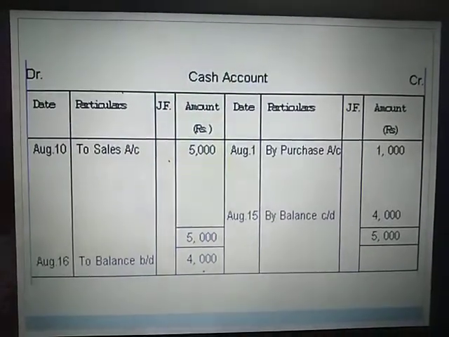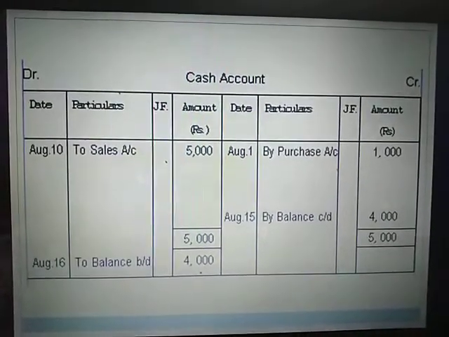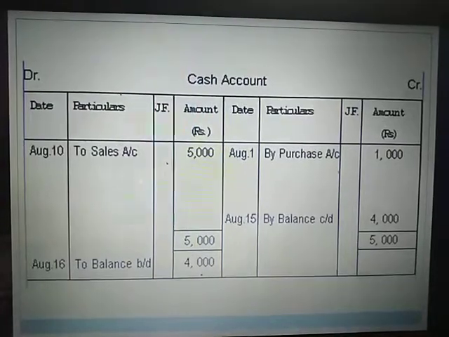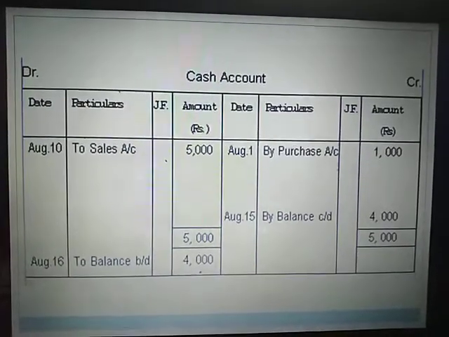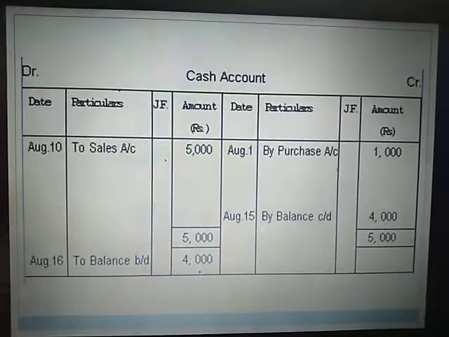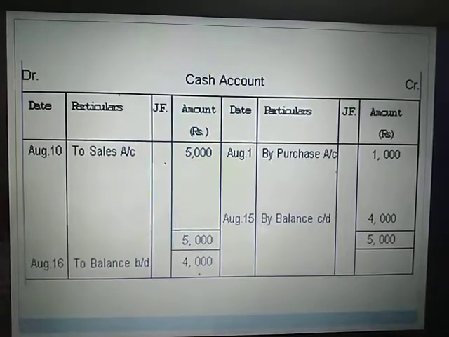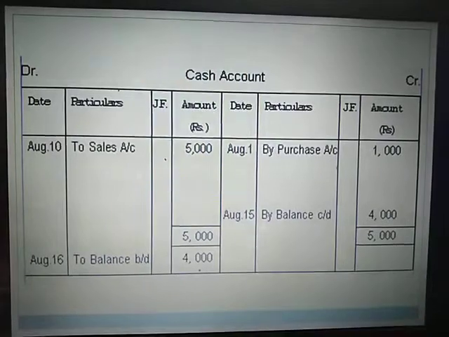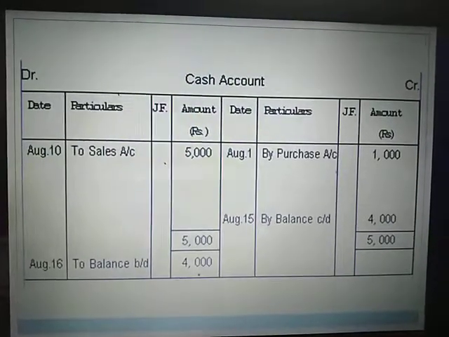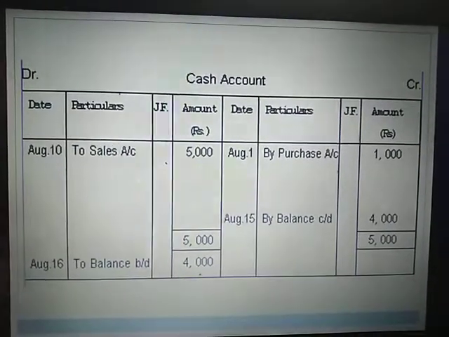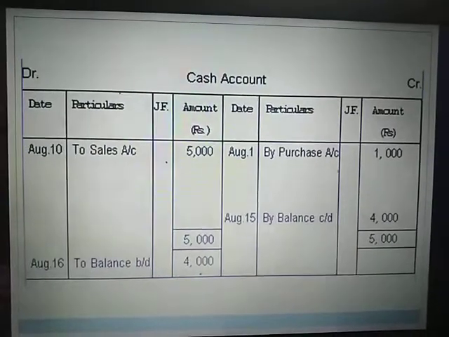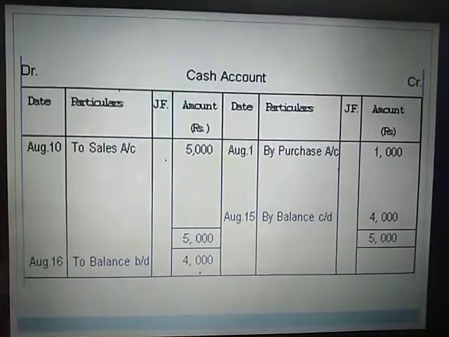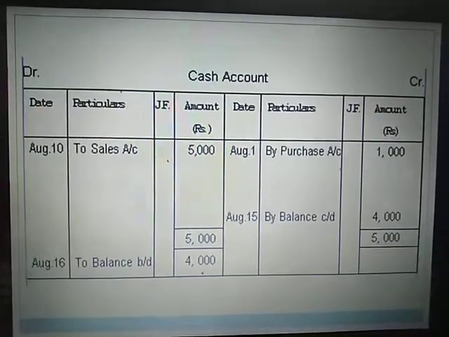Okay, now first let us see the transaction on August 10, to sales account. It is a cash account, and cash account is a form of real account. So as I told you, the rule is that any increase in an asset is recorded on the debit side. Since cash account is a real account and there is an increase in assets, we have to record it in the debit side. So sales have taken place, and 5,000 has come into our business in the form of sales, so that is why we are recording it in the debit side.